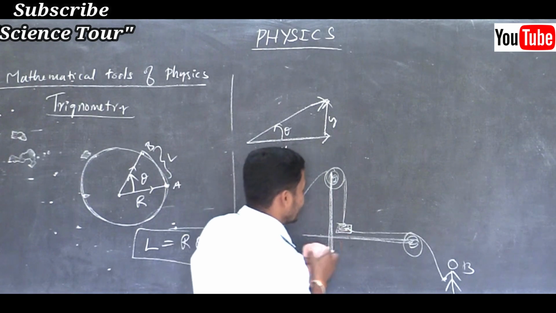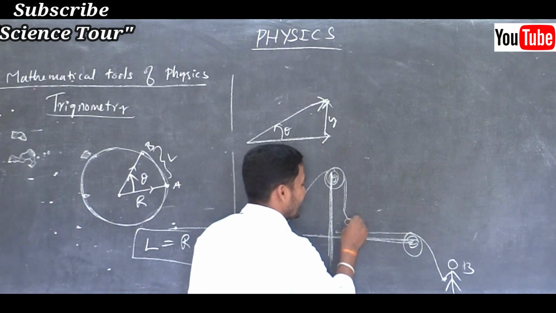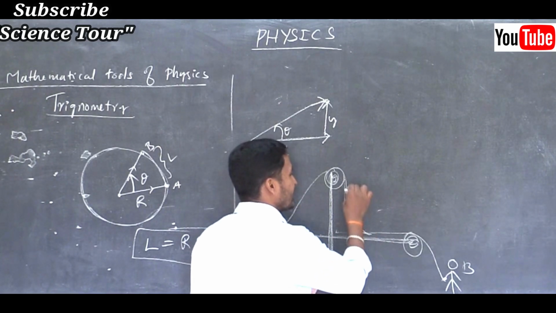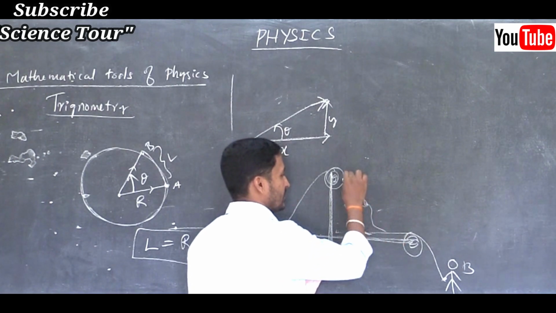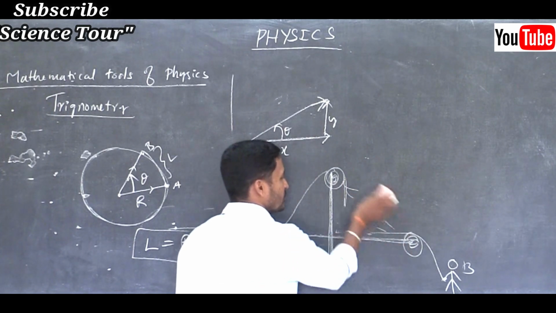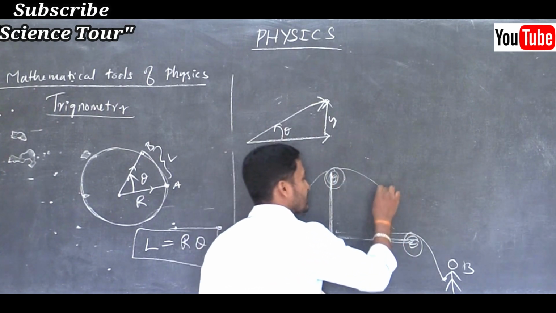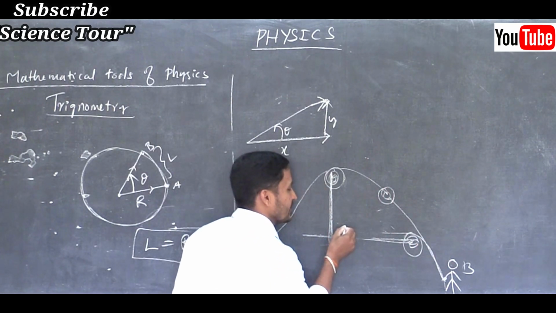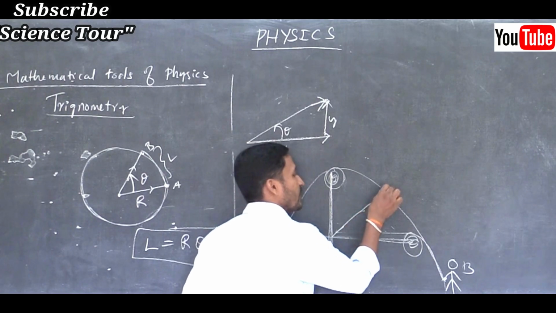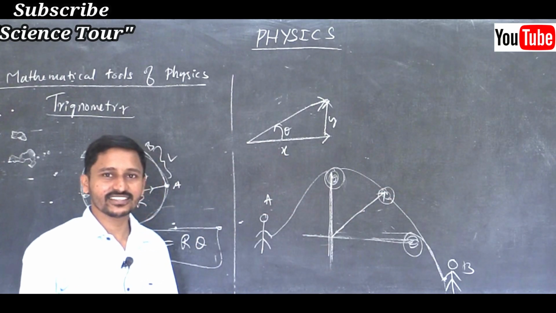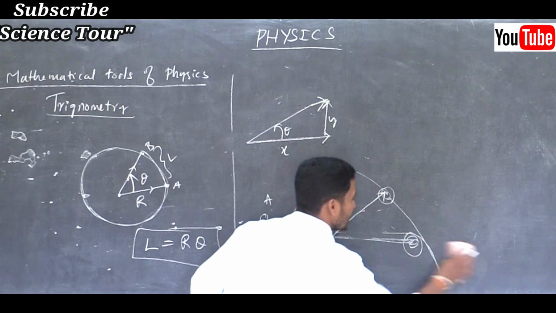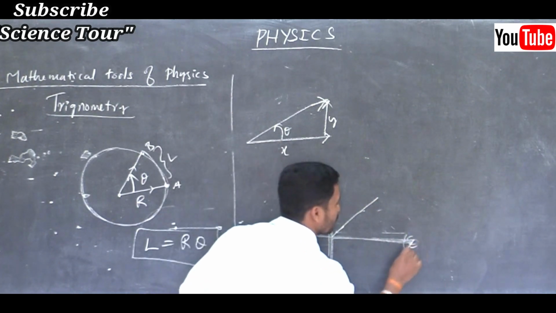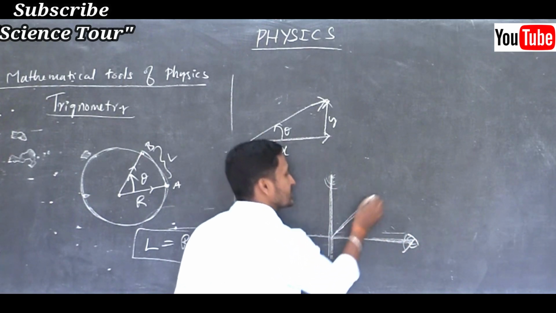This object moves a little bit here, again with a little more force it moves here, again a little more force it moves here, it moves in this direction. So finally it will stand at this position, moving in this way and the same way like this, right? So what is the actual direction of the object which has moved due to the application of force? It is in this direction.